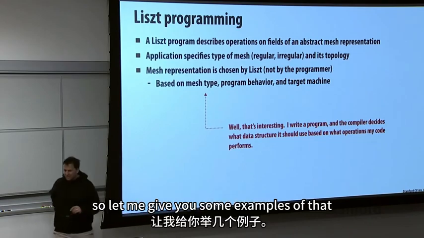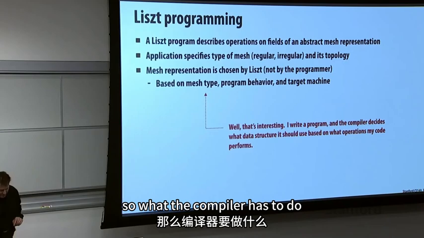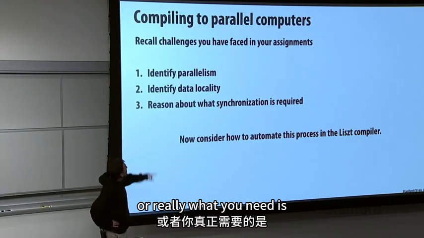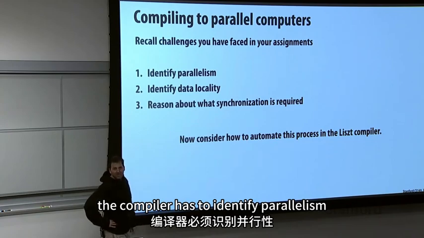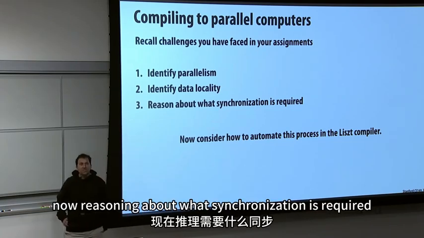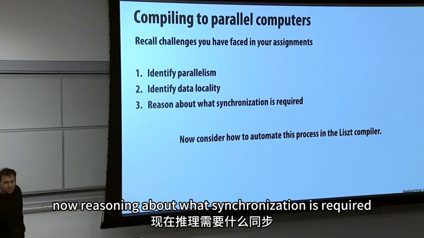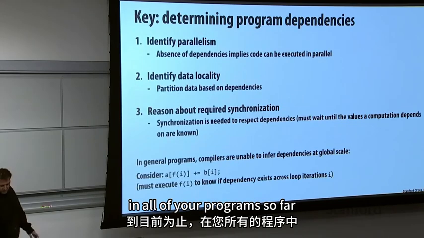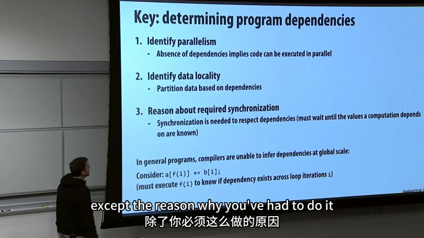Okay? And so let me give you some examples of that. What you need is for the compiler to identify parallelism. The compiler has to identify data locality. And the compiler has to now reason about what synchronization is required. This is exactly what you've done in all of your programs so far.